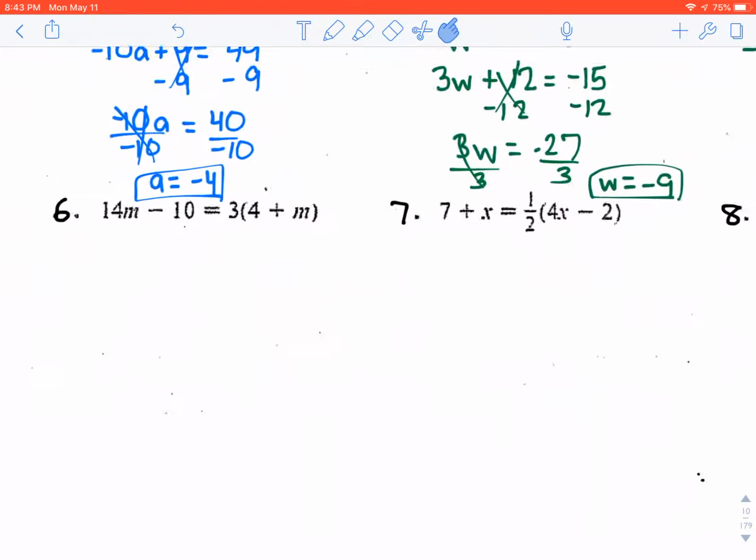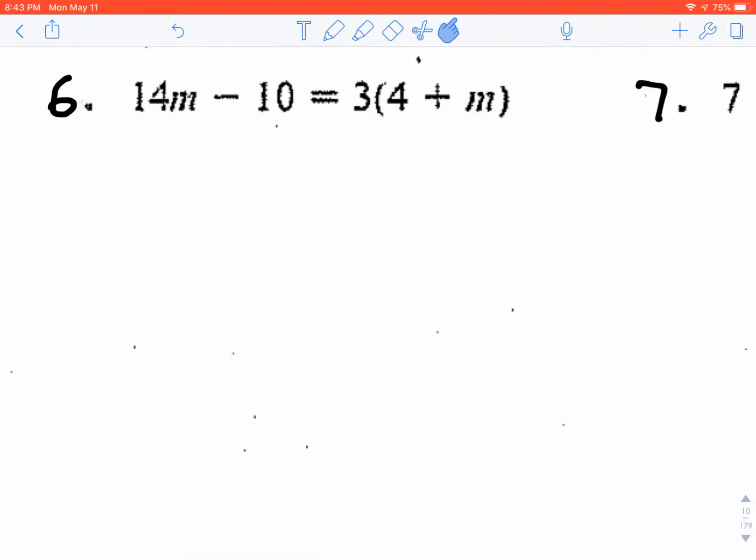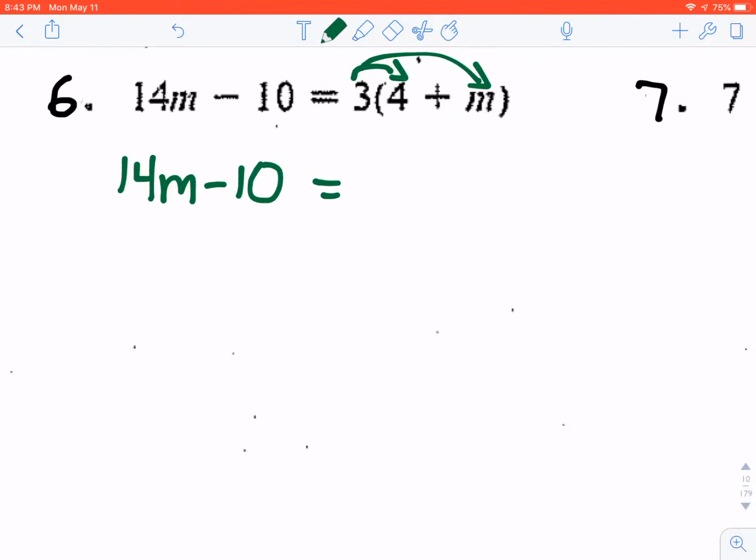Number 6 looks like 4 and 5, but now the distributing ends up being on the right, but same process. Start with distributing that 3 through to both terms inside parentheses. On your left side, you should have dropped down the 14m minus 10. On the right, you get 12 plus 3m after distributing.